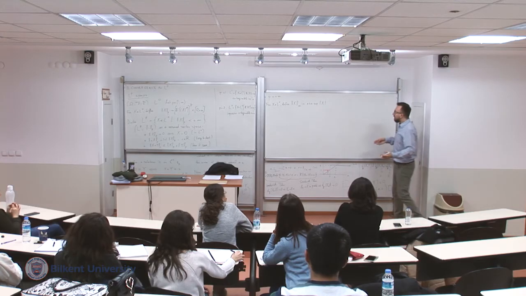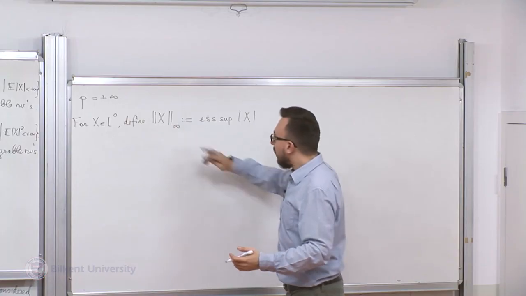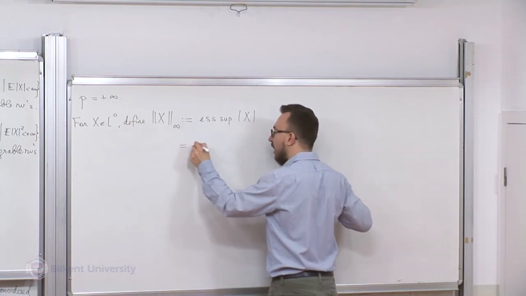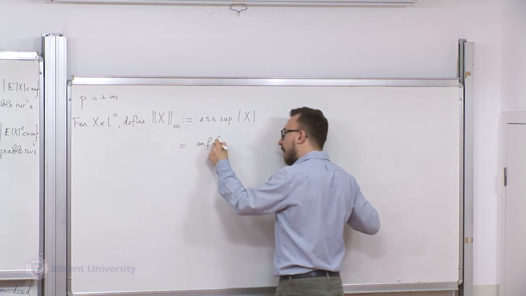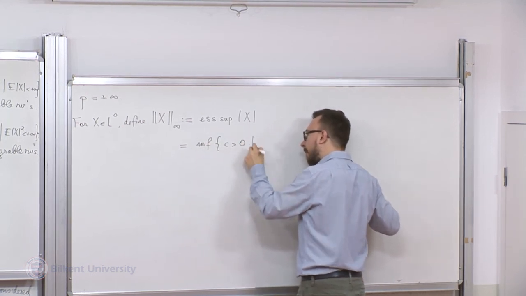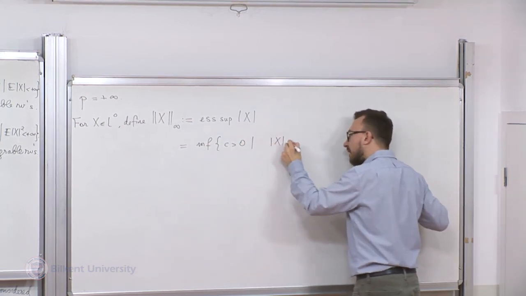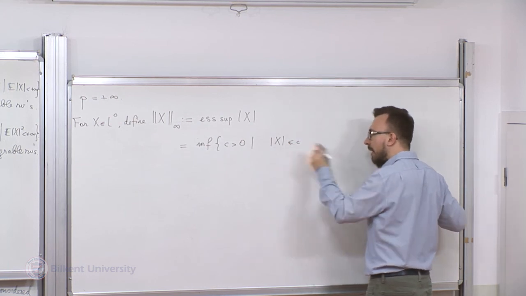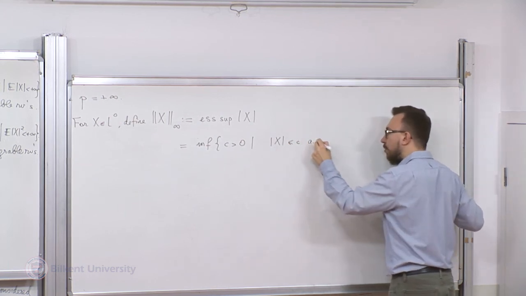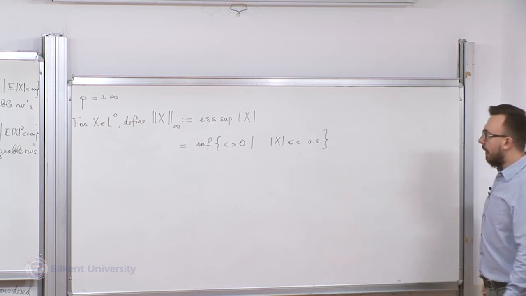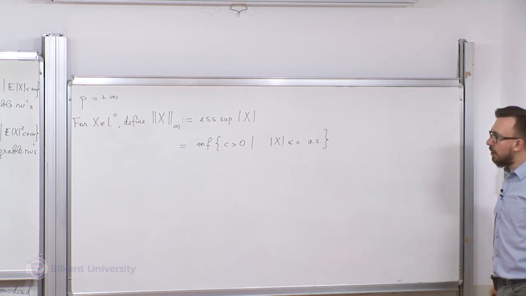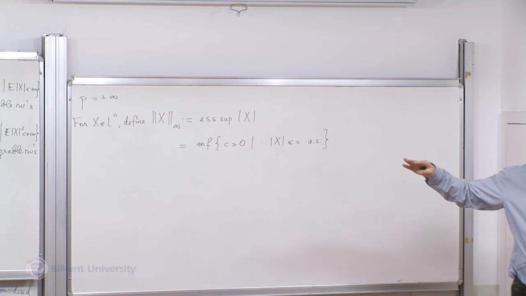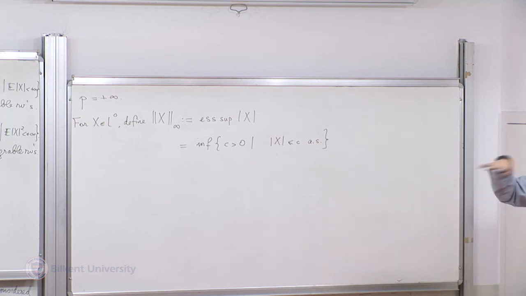So this L infinity norm just looks at the minimum number c such that x is bounded by c in absolute value almost surely. So this is the minimum upper bound, the almost sure upper bound that you can find.